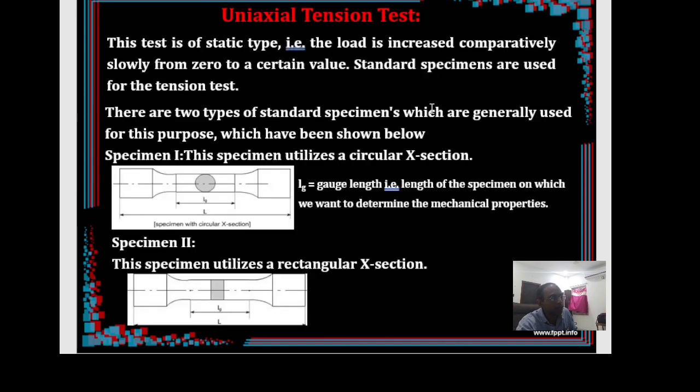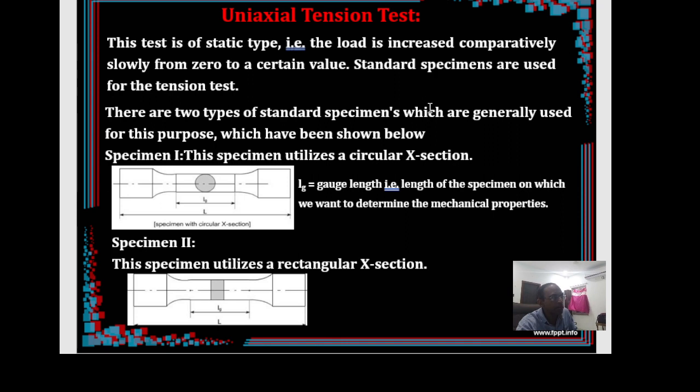Now we come to the second part of the topic, the normal stress strain curve of mild steel, right? This test is basically conducted in a universal testing machine, and for that we have to prepare a specimen.